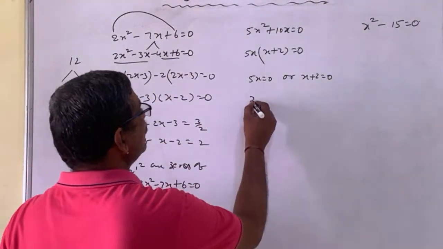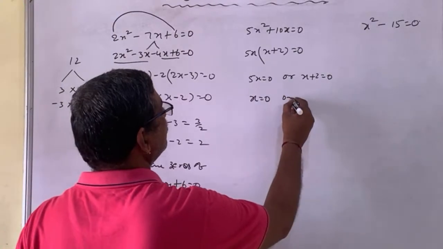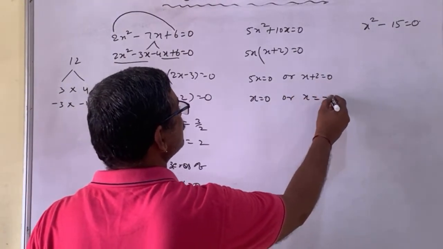If 5x is 0, x is 0. If x plus 2 is 0, x is minus 2.